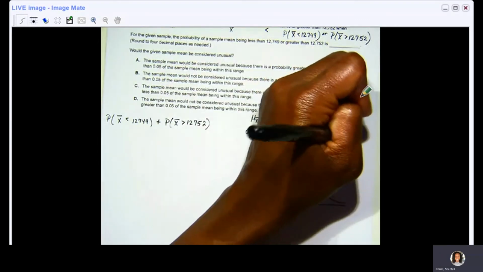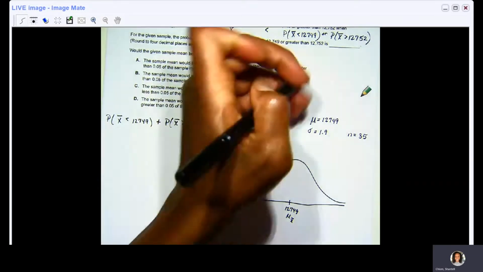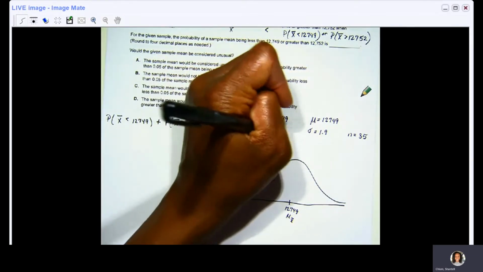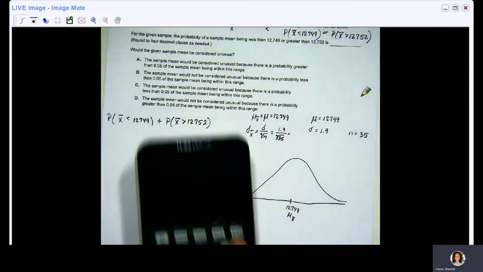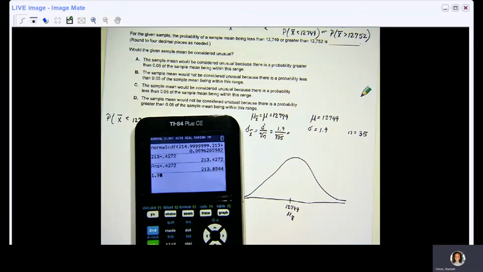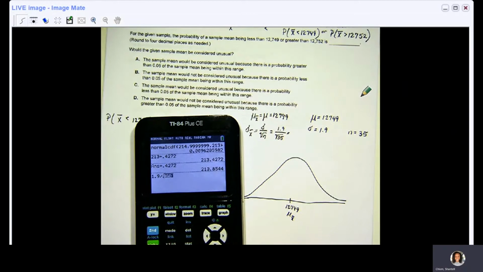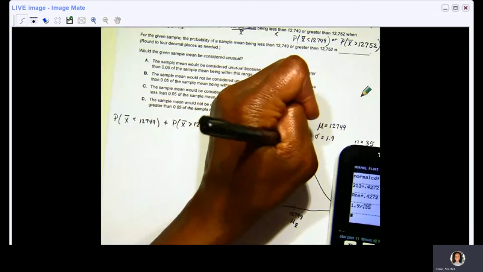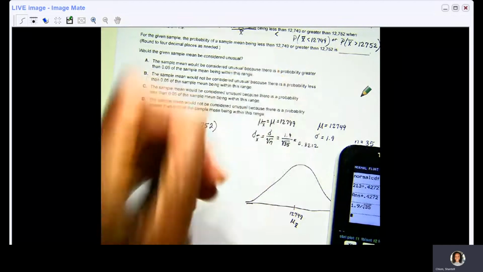And remember, n is 35. So this is the value that we're going to actually get a decimal for, because it's 1.9 divided by the square root of 35. So let's see what that is. And we get 0.3212. Let's go 4 decimals. 0.3212. Okay.